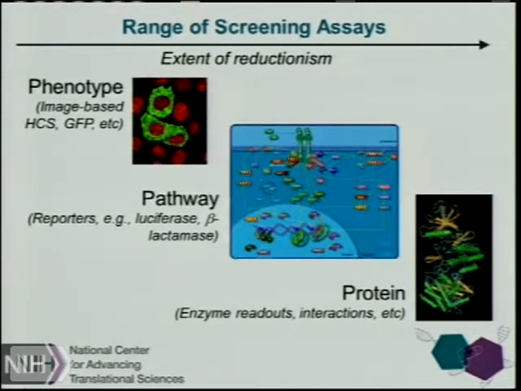So we're able to test things in massively parallel fashion. They span the entire range of reductionism, if you will, starting from the simplest system, isolated proteins, which can be enzymatic assays, protein-protein interactions, protein-DNA interactions, and so on, going towards pathways, looking at a particular pathway through embedding a reporter downstream or by various means of staining and so on.